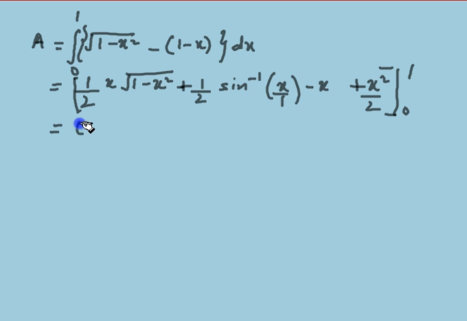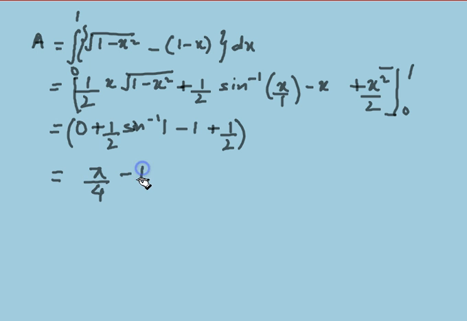This is equal to 0 + 1/2 sin⁻¹(1) − 1 + 1/2. This on simplifying is equal to π/4 minus 1/2. Thus the required area is equal to π/4 minus 1/2 square units.